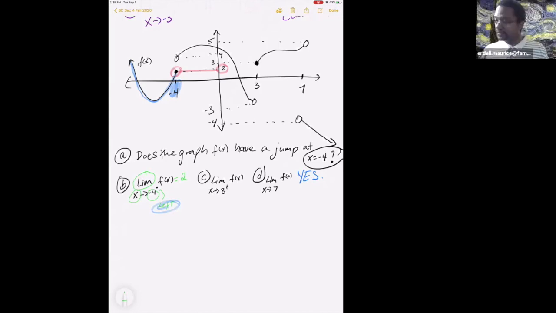So the next one, again, I'm taking a limit this time as x approaches positive 3, and then it's approaching from the right. And so what that means is I first have to find +3. So you see right here, +3. And then I have to find the piece of the graph that's on the right side.